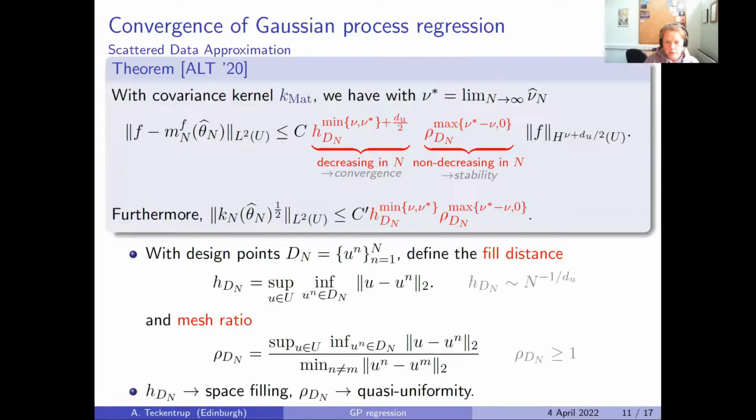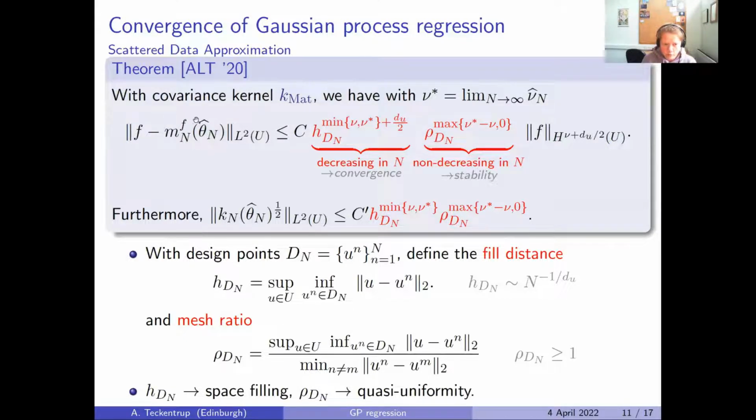Yeah. So the result that you get is this. I'm going to spend quite some time on this slide, because there's a lot of information on it. So this is now a convergence result that tells you something about the convergence of the mean. So here we now have the mean of the GP posterior.